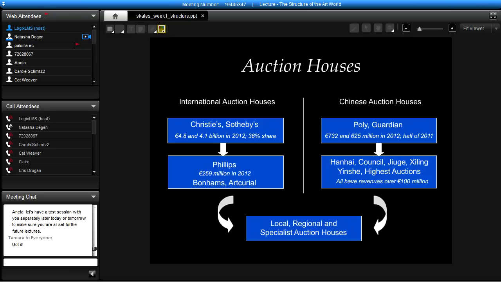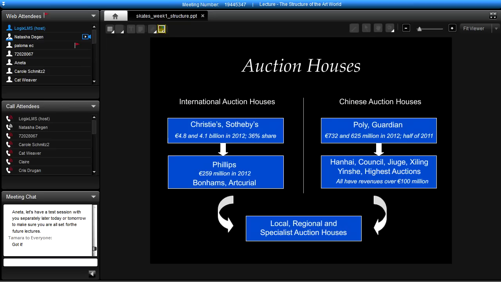Interestingly, there are two main auction houses that are at the head of the field, Poly or Baoli and Guardian. Here you'll see on this slide that Poly had about 732 million euros in revenue in 2012, Guardian 625, far ahead of an auction house like Phillips, although significantly behind Christie's and Sotheby's.